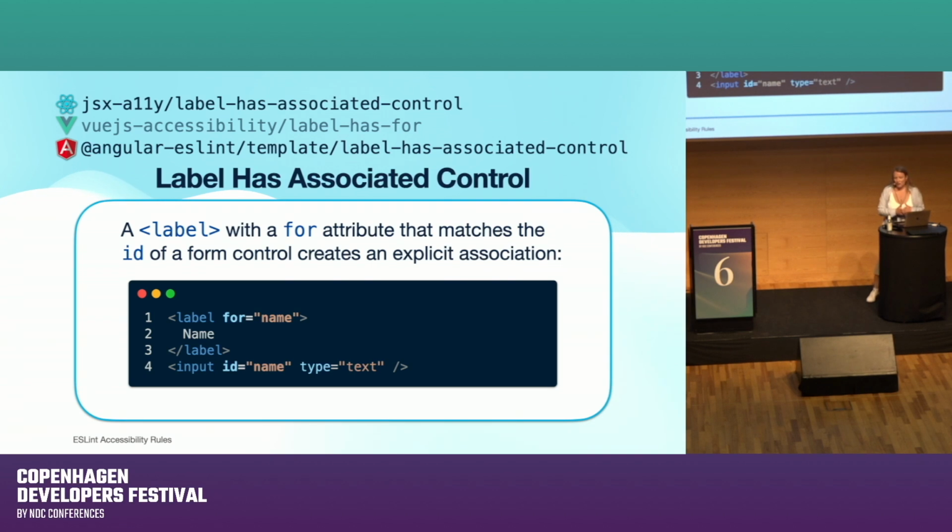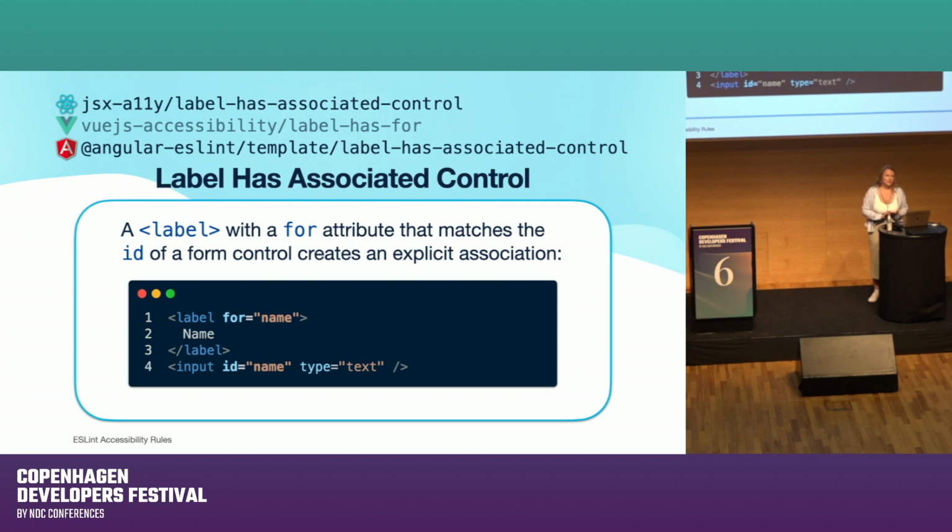A label with a matching for attribute to an ID on a form control then creates what's called an explicit association. This rule only validates explicit associations by just checking that the label has a for attribute. So it doesn't go as far as looking for a control throughout your template code to match the for and ID, actually.